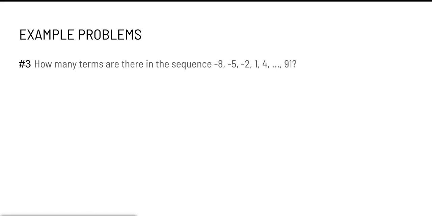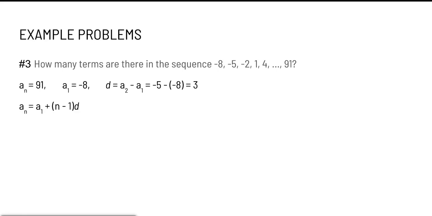Nothing changes. We try to find the given of what is in this question. So we get a sub n, which is 91, and a sub 1, which is -8. And d, or the common difference, is equal to a sub 2 minus a sub 1. If we substitute it, it becomes -5 minus -8, which is equal to 3.